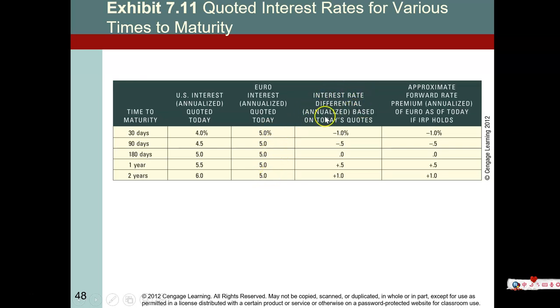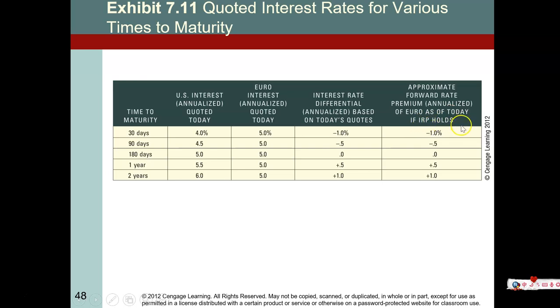Interest rate differential annualized based on today's quotations. If we use the US interest rate as the home interest rate and the euro interest rate as the foreign interest rate, and take the difference of the two, we have IH minus IF as negative 1% for 30 days, negative 0.5% for 90 days, 0 for 180 days, and 0.5 and 1 for 1 or 2 years. Approximate forward rate premium annualized of the euro as of today if IRP holds.